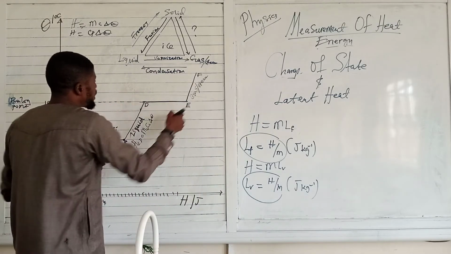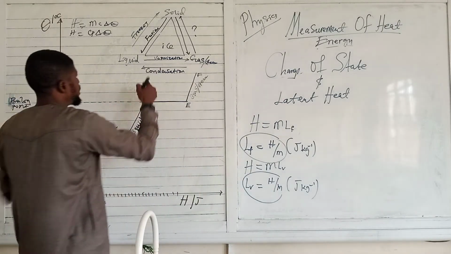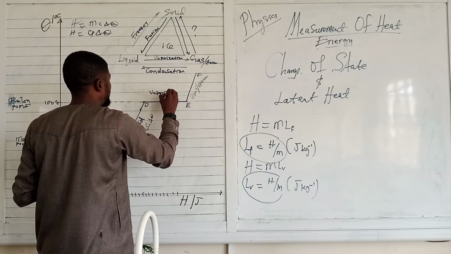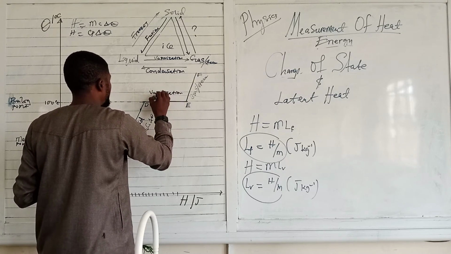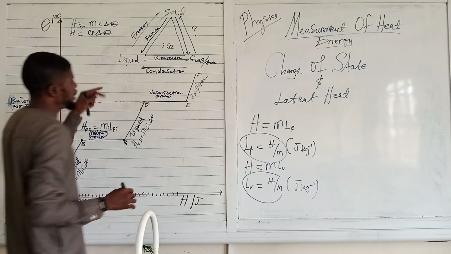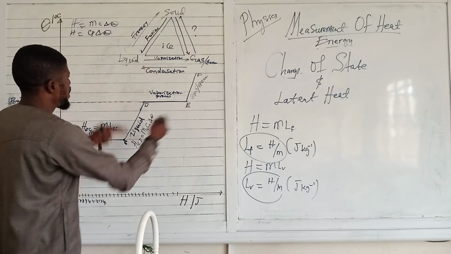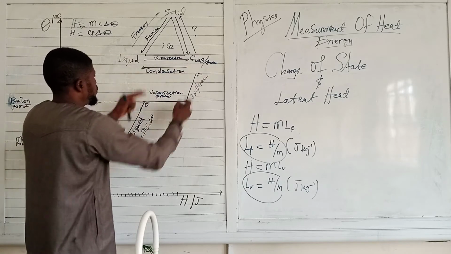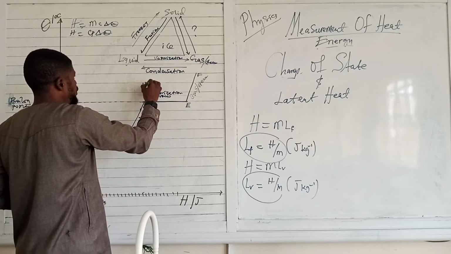From D to E, it is vaporization. We call it what? Vaporization process. And the heat energy responsible to vaporize this substance from liquid to gas is given as H is equal to what?